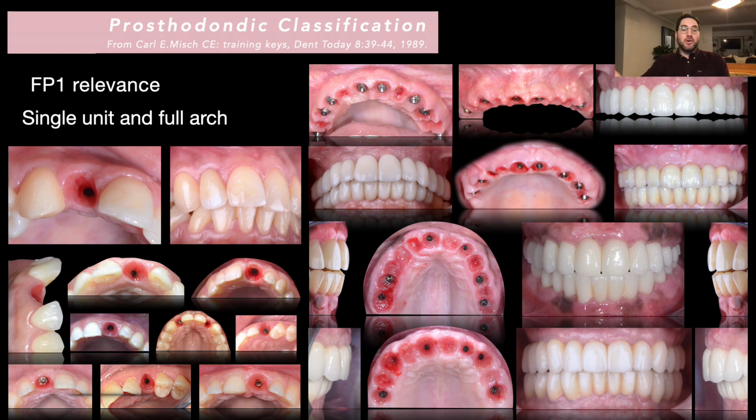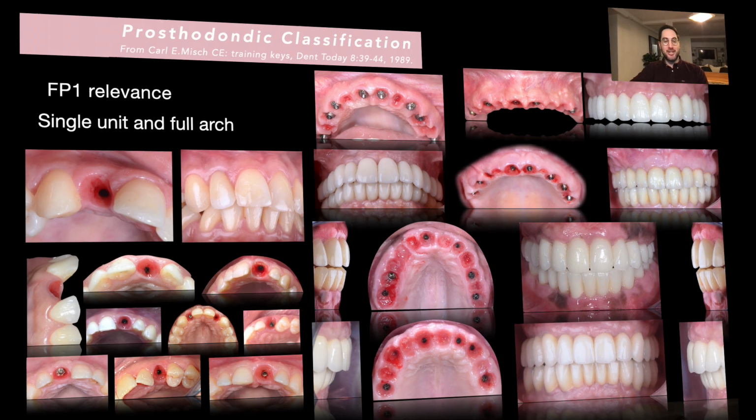Our ultimate goal is to restore our patients' smiles while also ensuring the longevity of implant treatments. And for those who are passionate about FP1, I look forward to meeting you in September at the EAO Congress in Monaco, where I will talk about digital strategies and open healing for FP1 success in full arch implant rehabilitation.